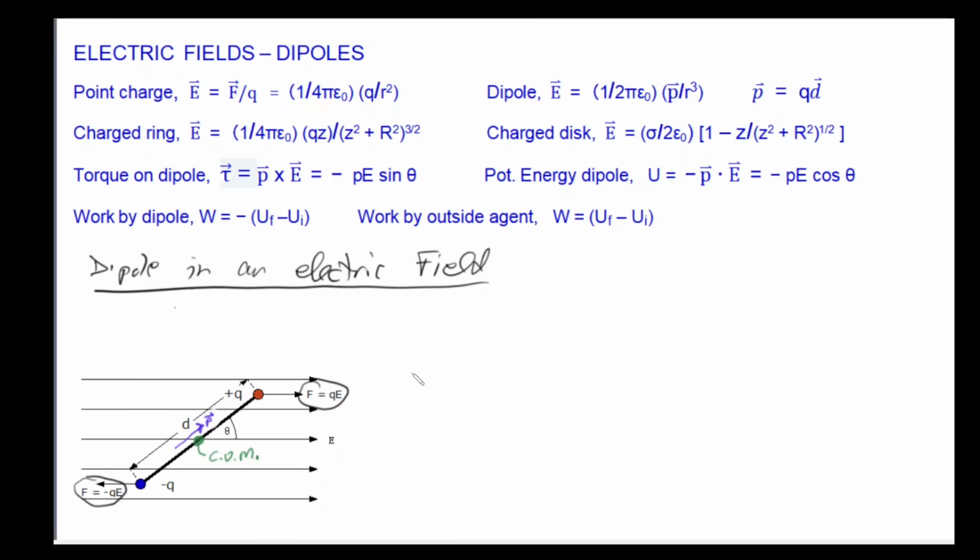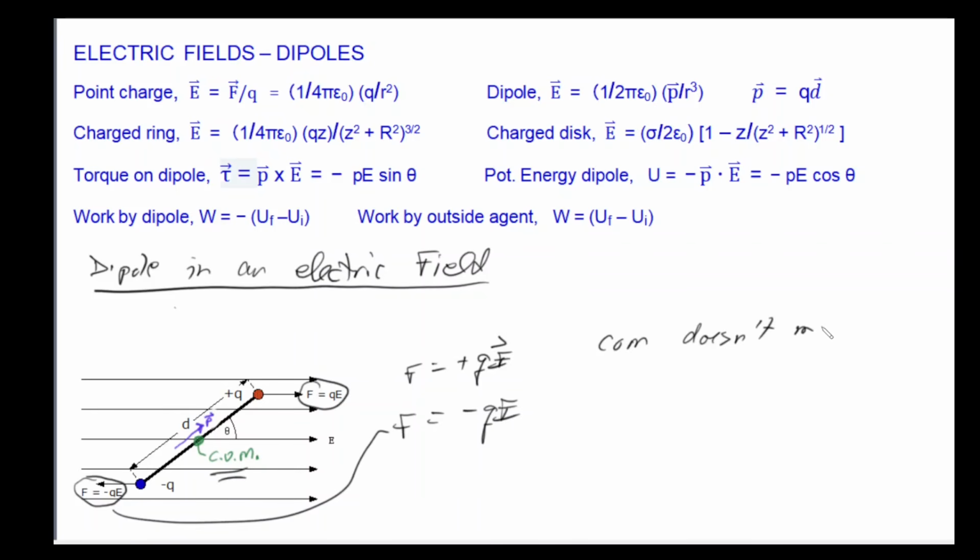In this case, the force is a positive QE, and down here, the force is a negative Q times E, because the force is going opposite to the electric field. However, the center of mass of the dipole doesn't move because both these forces are equal.